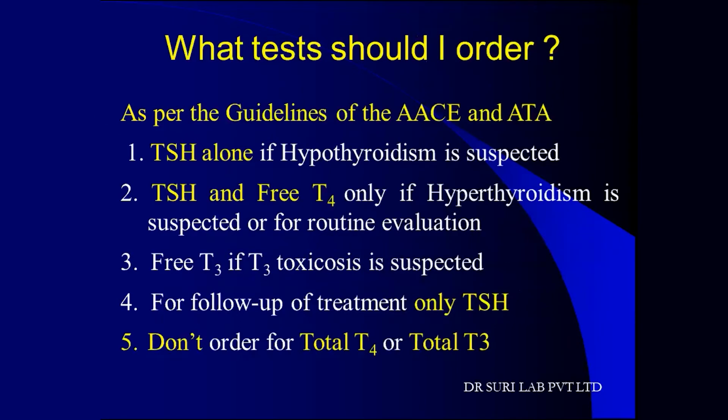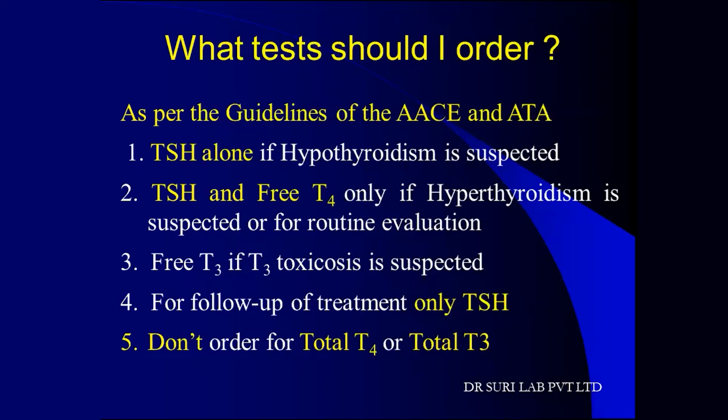So what test should I order? This is something that the general physician very commonly asks me. As per the guidelines of both the American Association of Clinical Endocrinologists as well as the American Thyroid Association, we do TSH alone if hypothyroidism is suspected. We do FT4 and TSH if hyperthyroidism is suspected or for routine evaluation.